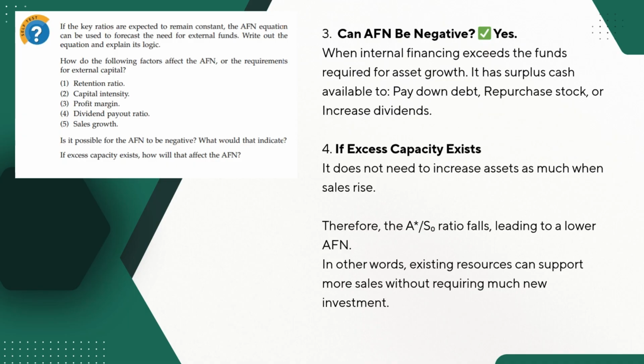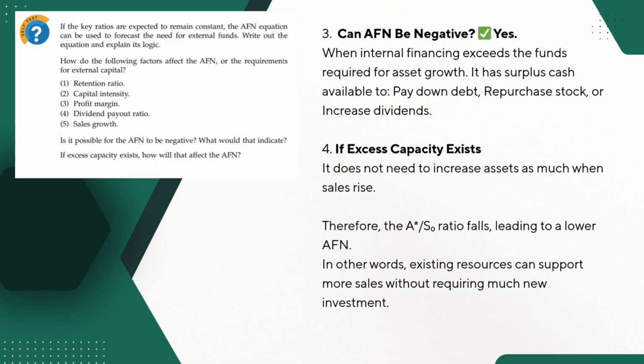So the answer is yes. When a company's internal funds, like retained earnings, exceed what's needed for asset growth, AFN becomes negative. In simple terms, the company has more than enough funds to support its operations.